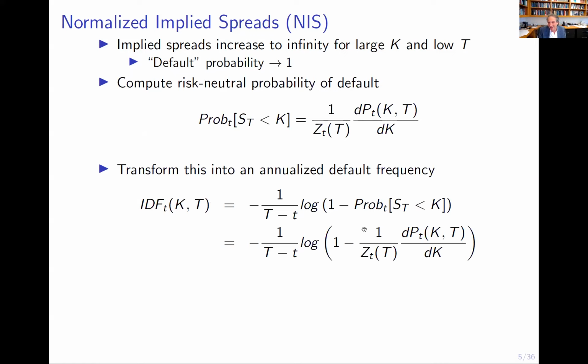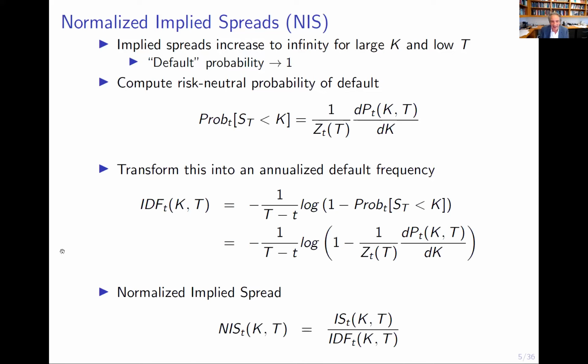You may notice the nice symmetry between this formula and the one for the credit spread, because the credit spread, instead of having dP over dK, is going to have only P over K. So this is the first difference instead of just the levels. But otherwise, the two formulas are identical, which is a nice symmetry. And so the normalized implied spread is the ratio of the two. And that's what we define as the normalization.